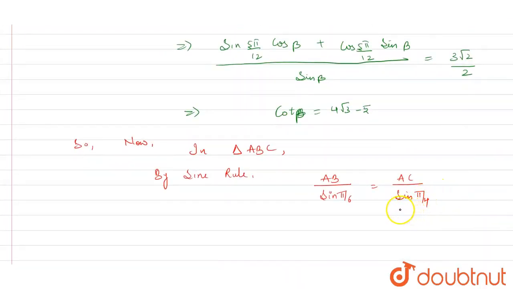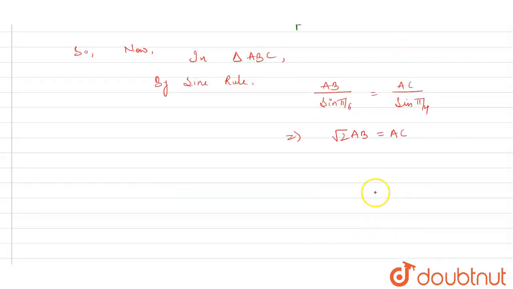So putting the values of pi by 6 and pi by 4, we'll be getting root 2 AB is equal to AC. From here now we need to modify this equation, because in the options we need sec, right?